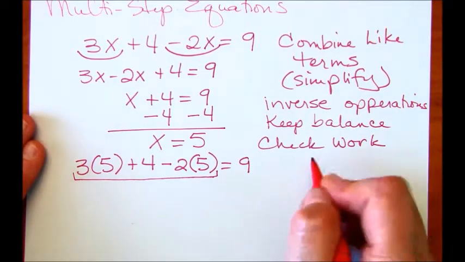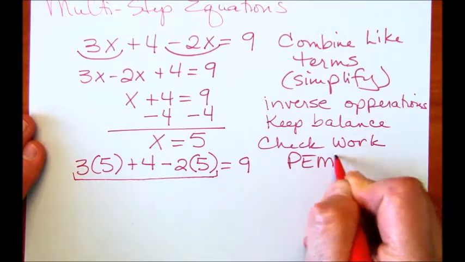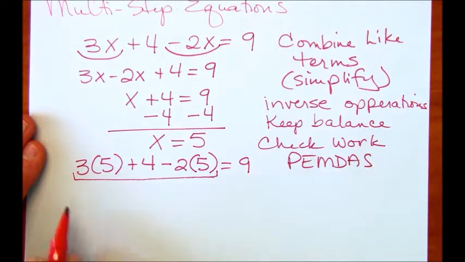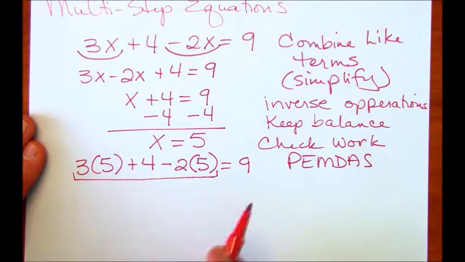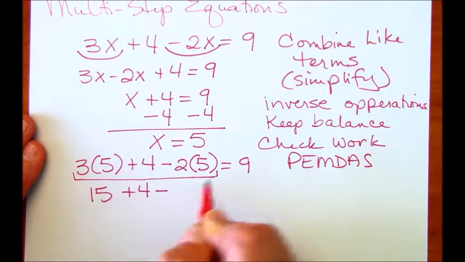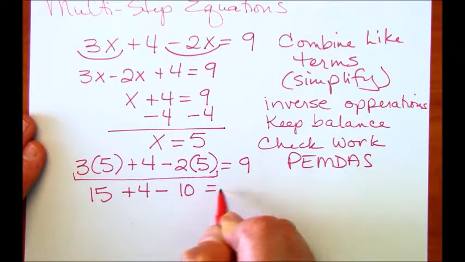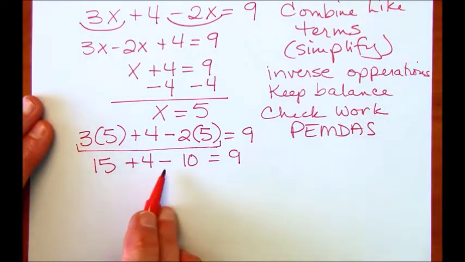Now you might want to refer to order of operations when solving these types of equations. I'm going to go ahead and do multiplication first before I add and subtract. So I get 15 plus 4 minus 10 equals 9. Now that I only have addition and subtraction, I'm going to go left to right.